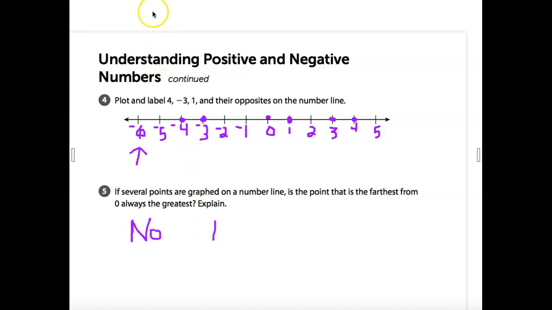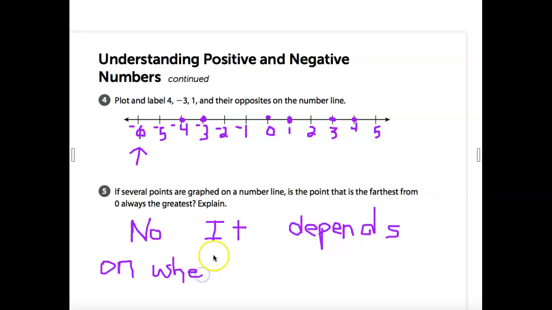It depends on whether the number is positive or negative.